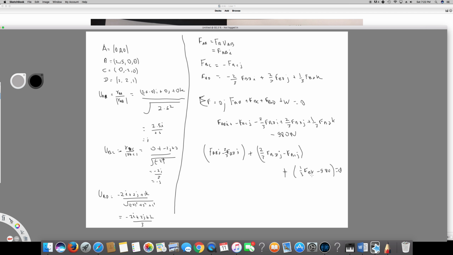First of all, FABI and FBDI have two unknown variables, but for the K there is only one unknown. So if I equate that to 0, I can solve for FBD. So 1 over 3 FBDK minus 980 is equal to 0. So FBD is equal to 980 multiplied by 3.